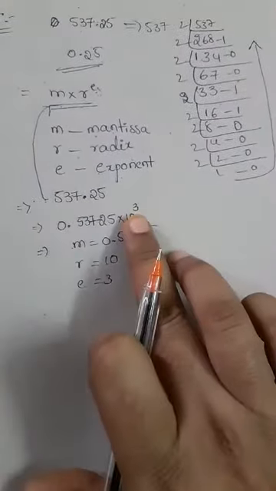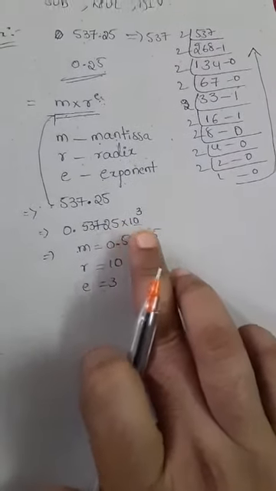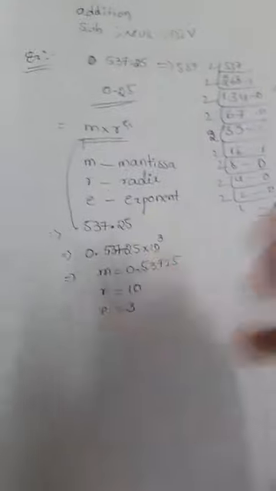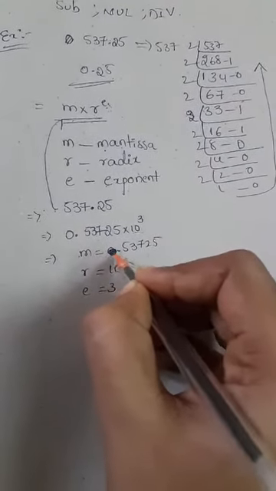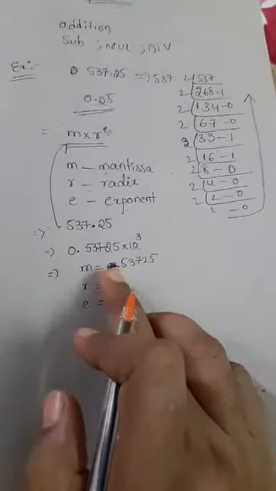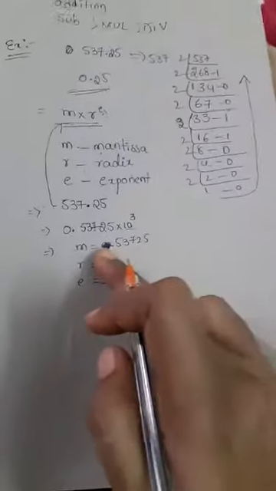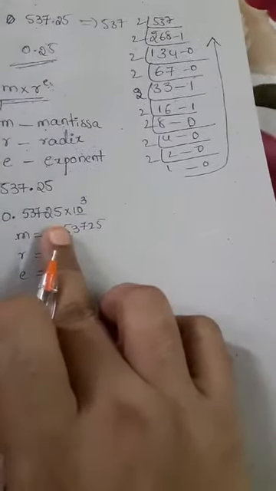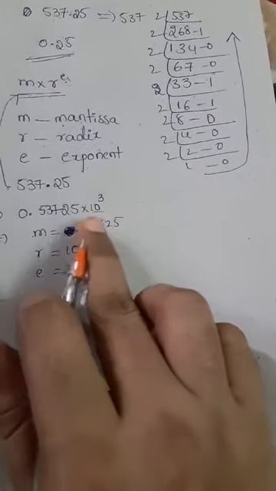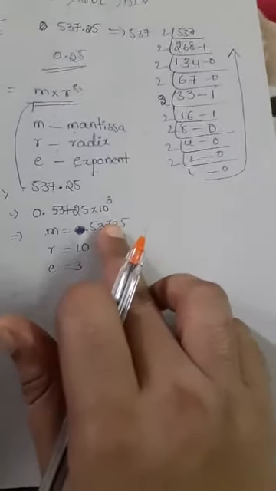Now what is the mantissa here? The value of the mantissa, our computer takes as 53725, not 0.53725. I write 0.537 here only for your understanding. The mantissa is considered as only the number, started without zeros.